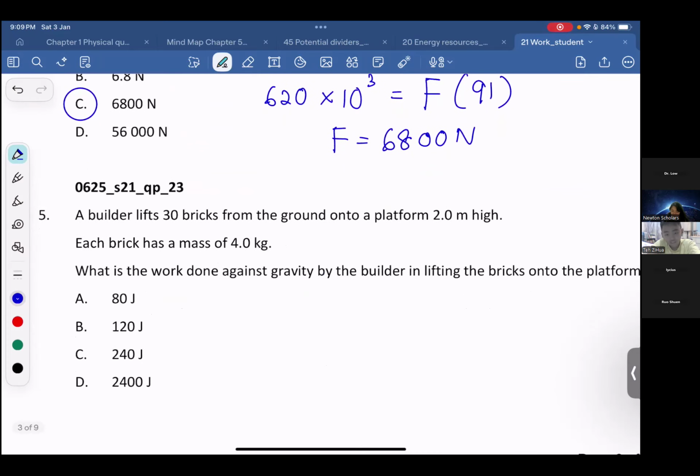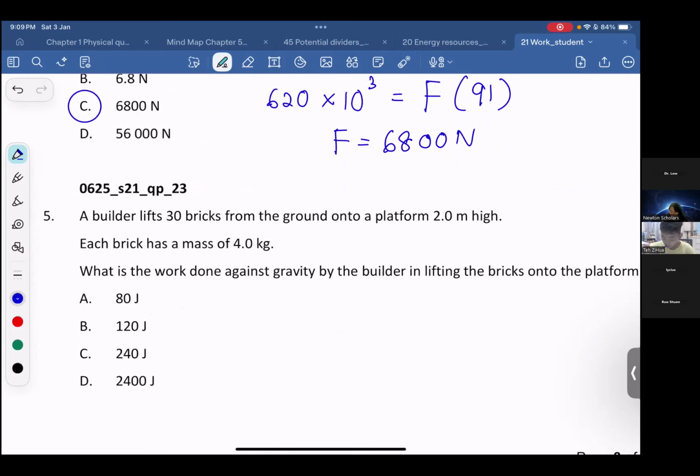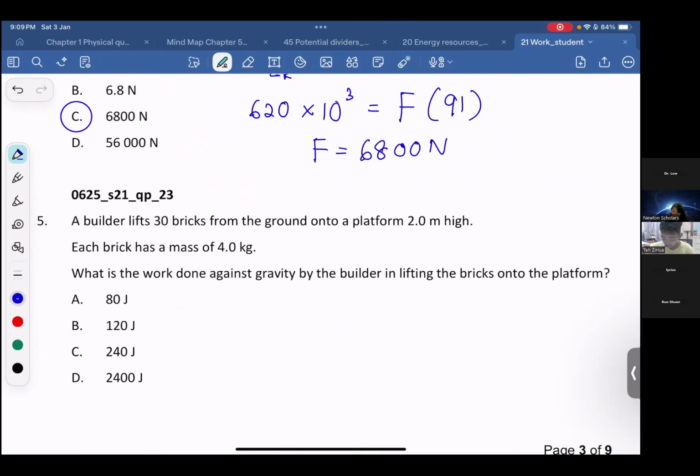A builder lifts 30 bricks from the ground onto a platform 2.0 meter high. Okay. So here the height is 2.0 meter. So we carry the brick, something like this, times 30. We move to a certain height like this.